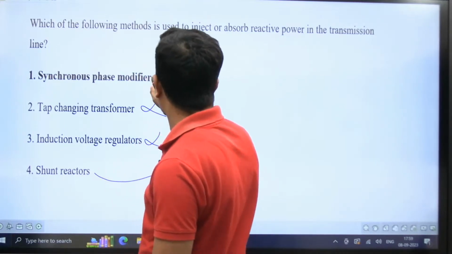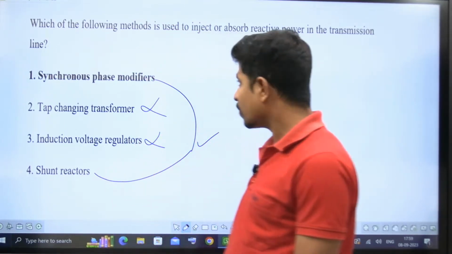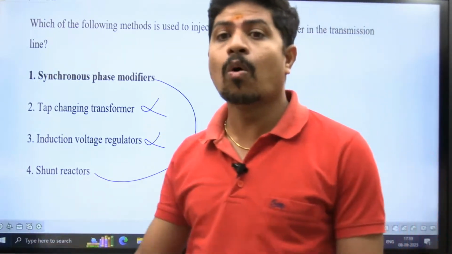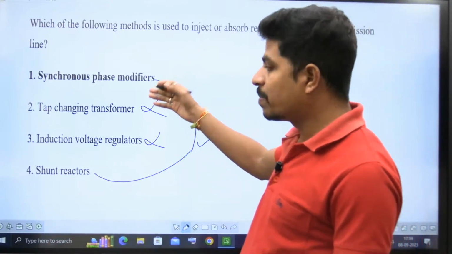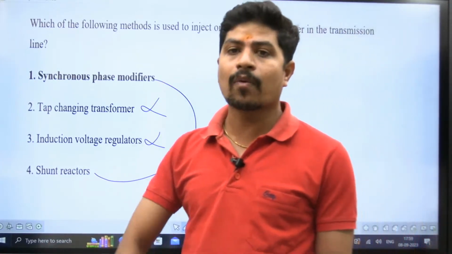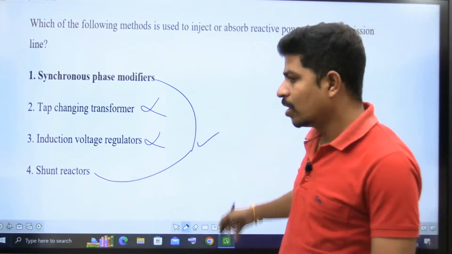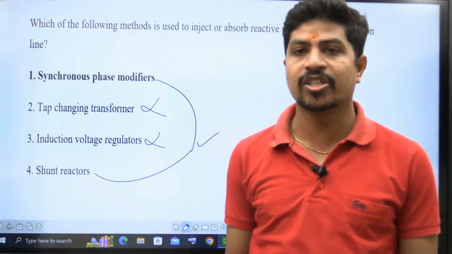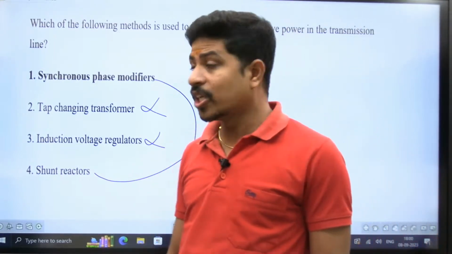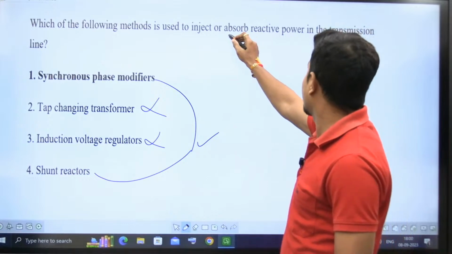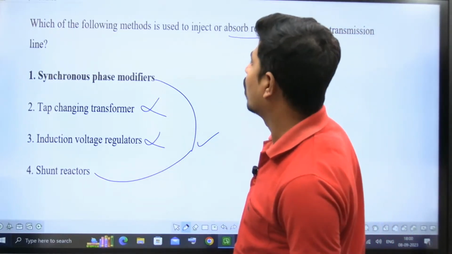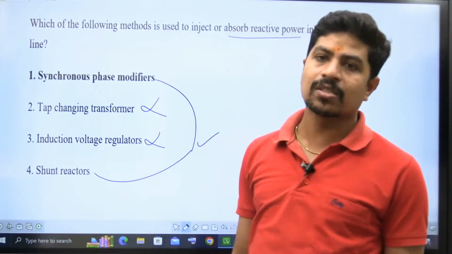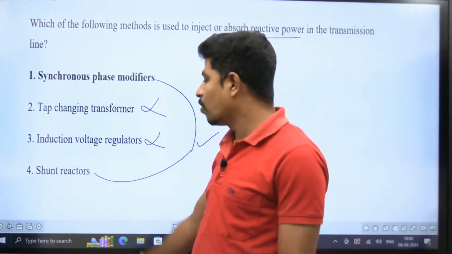Either option 4 or option 1, both seem correct. A synchronous phase modifier is a synchronous motor, which may be underexcited or overexcited depending on the requirement. A shunt reactor also absorbs reactive power, when there is an overvoltage condition, current effect is there, then we use a shunt reactor. Option 1 and 4 both are suitable.